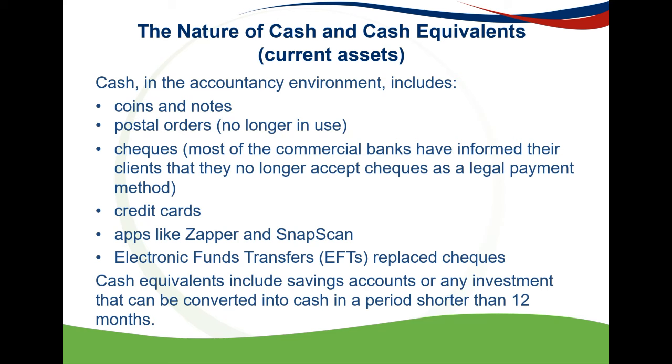That's going to be part of our non-current assets, because fixed deposits are normally for a minimum of a year, so it's going to be longer than 12 months. Whereas your savings account, that's lying there with a balance. You're going to withdraw money today, you're going to deposit money the day after, so that changes quite often. So that will also be part of your current assets and your cash and cash equivalents.